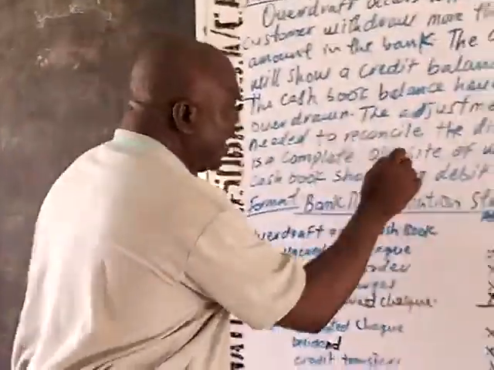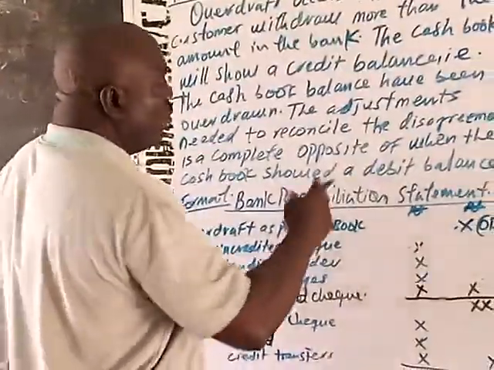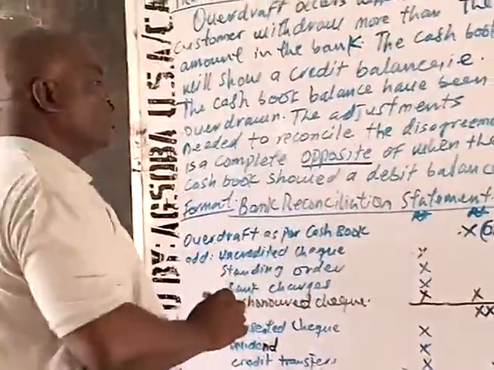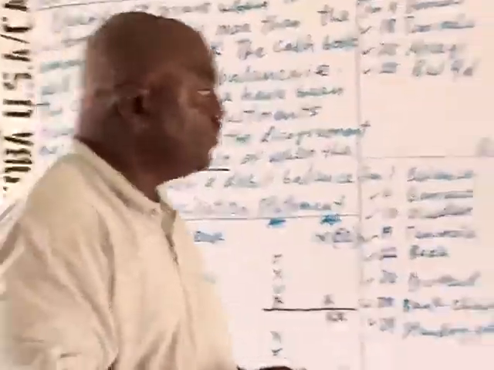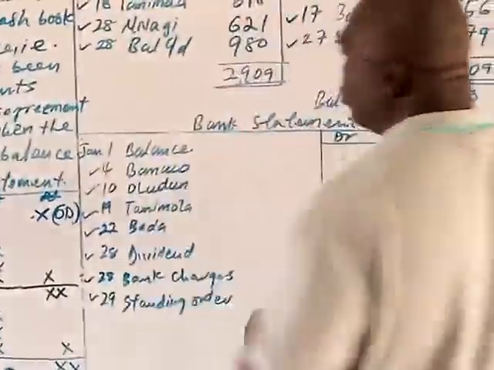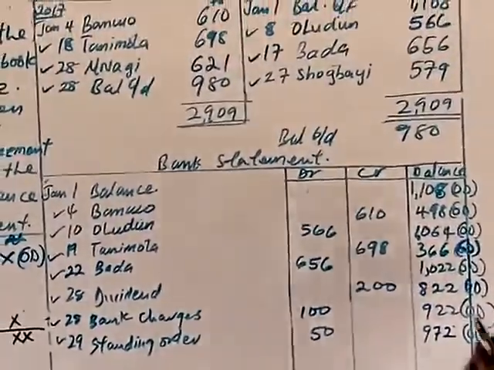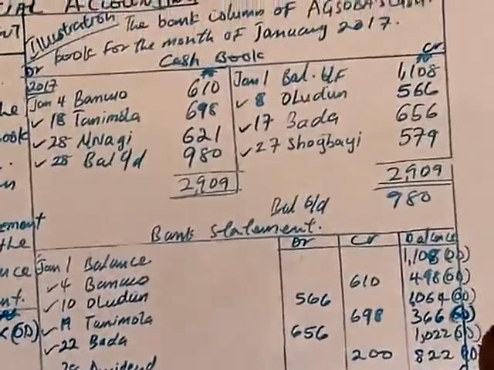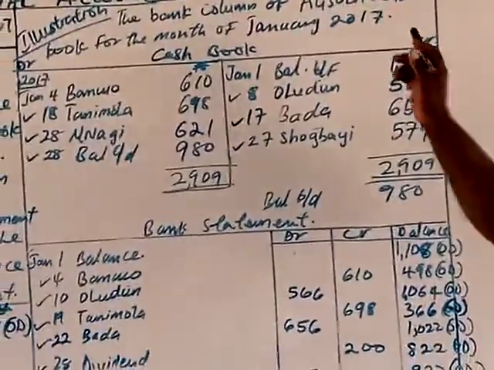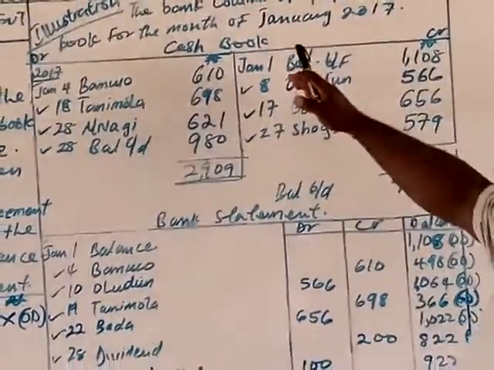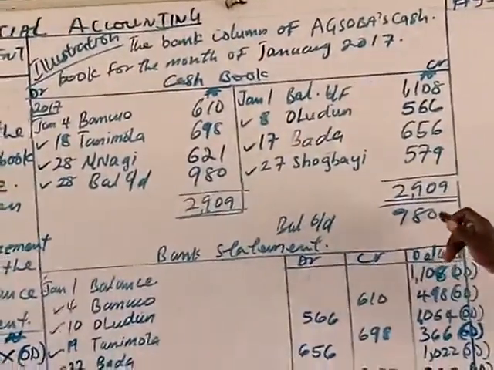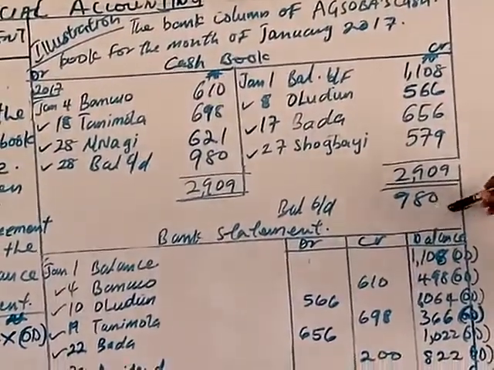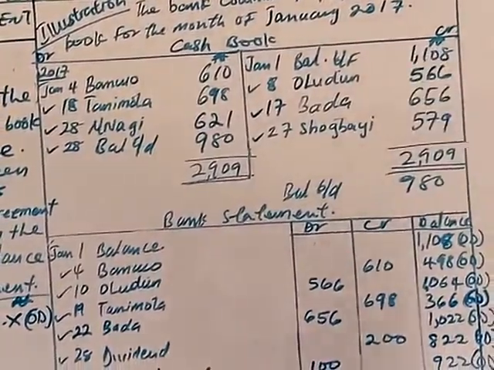We should also note that it is the opposite of when the cash book shows a debit balance. So, from this illustration, we want to find a solution. Now, from this illustration, the bank column of our cash book for the month of January 2017, the bank showed a credit balance, that is, the cash book has been overdrawn.